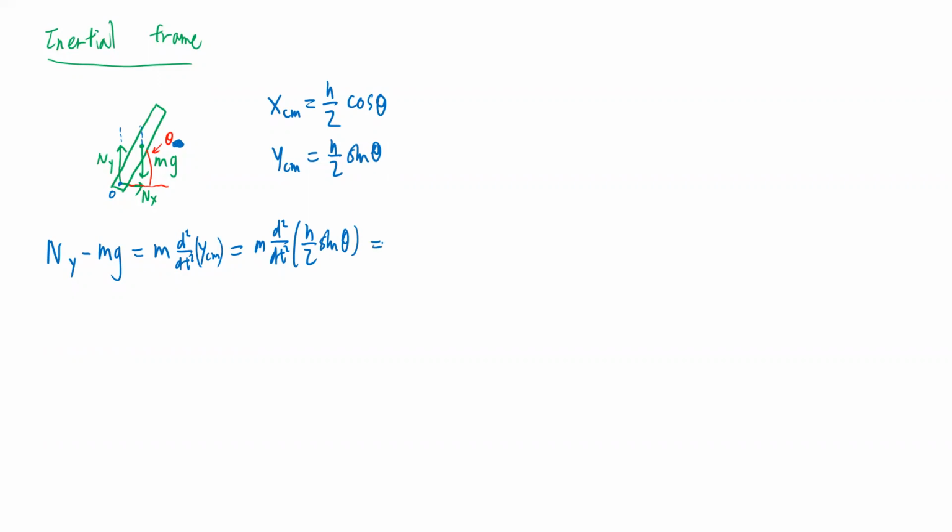Let me take the derivative one time first. That gives h divided by 2 times cosine theta, theta dot. And then you need to take one more derivative, and you actually get two terms.